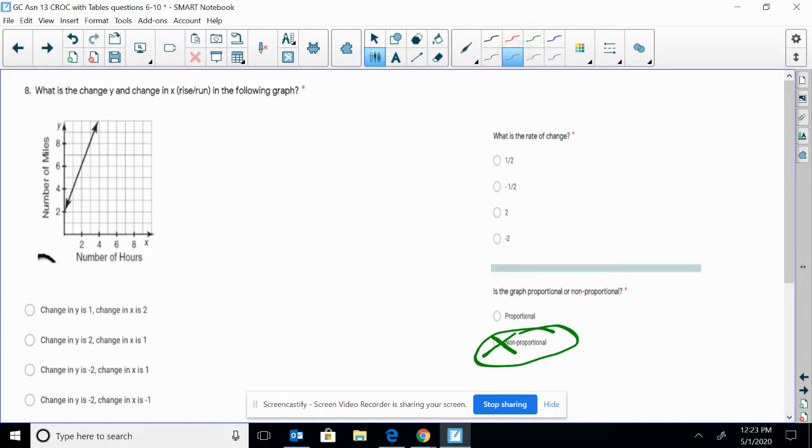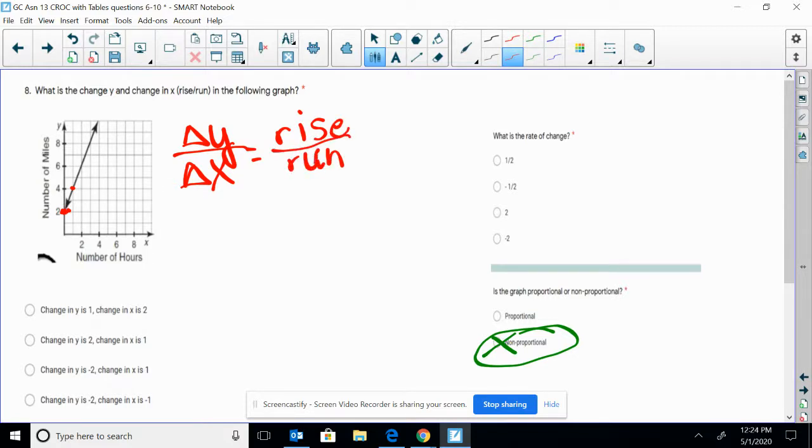Remember in the video, it said find the points where you can tell it crosses exactly. So here it crosses at 0, 2, and then I go up and it crosses here at 1, 4. So we also call our change in y over change in x, just like our tables, rise over run.